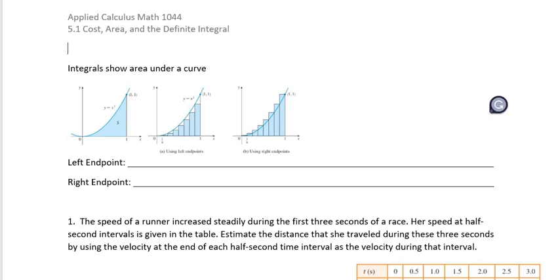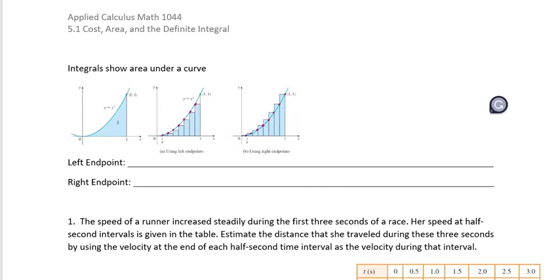The second picture shows what we are going to call using left endpoints, meaning you're drawing all of these little rectangles and you're drawing them until the left side of the rectangle meets the graph. And then if you look at the last one here, you're using right endpoints, meaning you're drawing until the right side of the rectangle meets the graph.